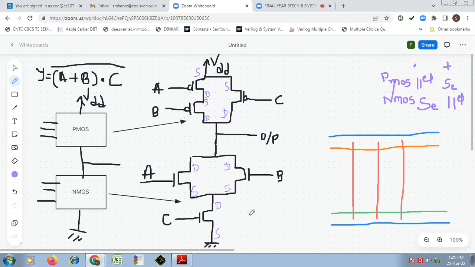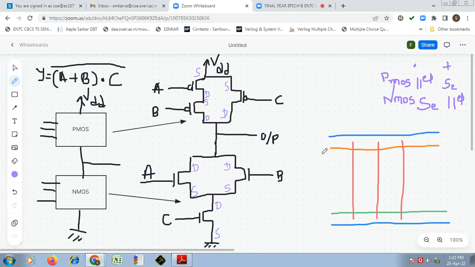Now we have to choose the appropriate input, right? First line, we have to choose whether it is A or B or C. Accordingly, depending upon our diagram, we have to do that, right?